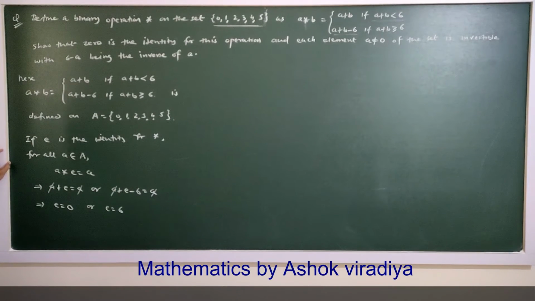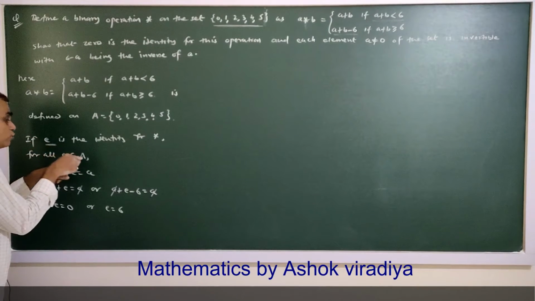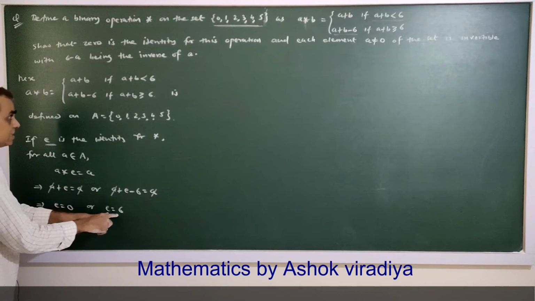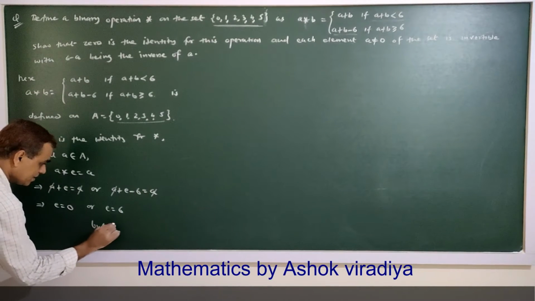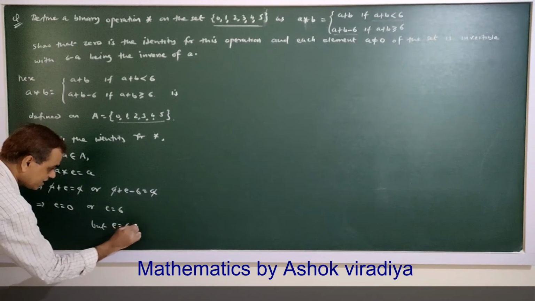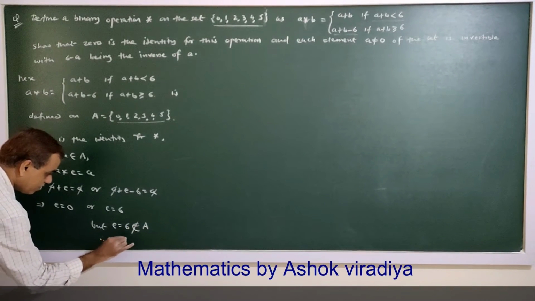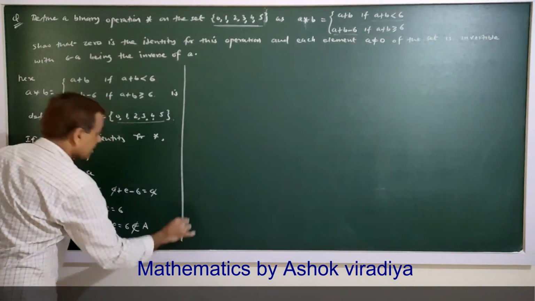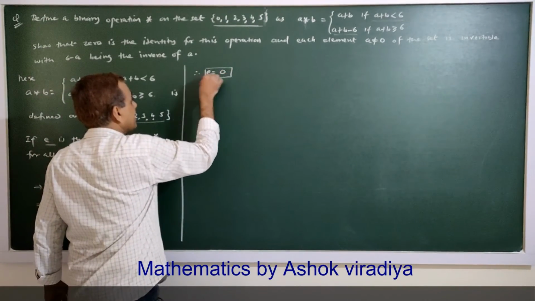But see, identity is the element which must belong to A. You can see that E equal to 6 does not belong to A, so E is not equal to 6. So E equal to 0 is acceptable. Therefore E equal to 0 can be taken.